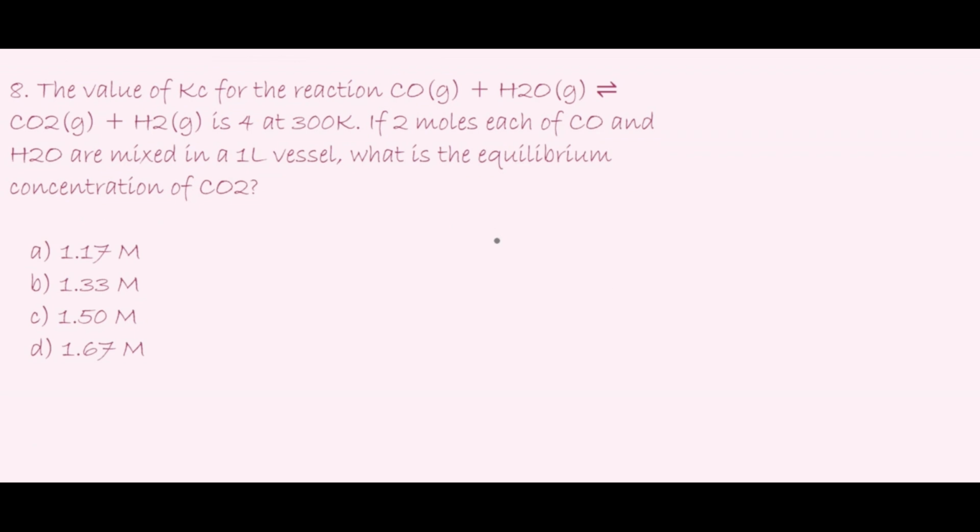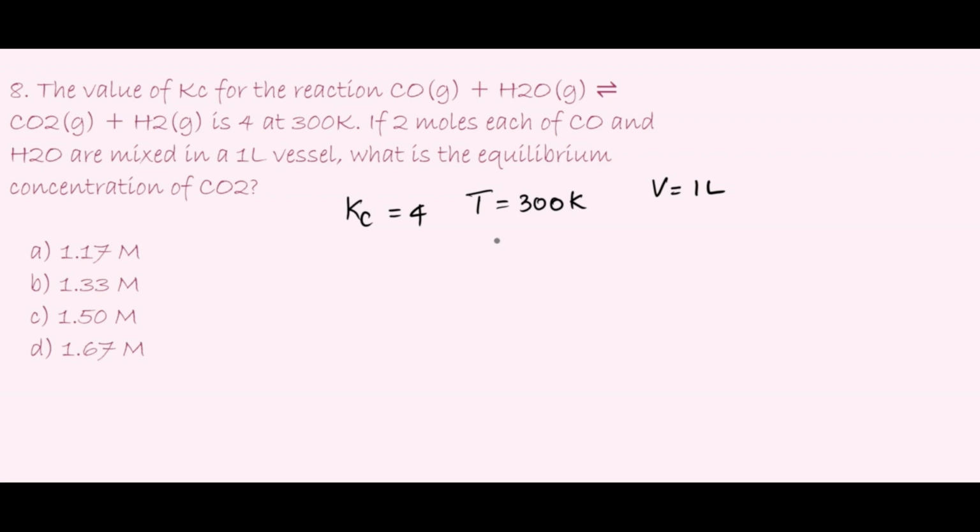Then the 8th question. The value of Kc for the reaction CO plus H2O gives CO2 plus H2 is 4. Temperature is 300 Kelvin. If 2 moles each of CO and H2O are mixed in a 1 liter vessel, what is the equilibrium concentration of CO2?